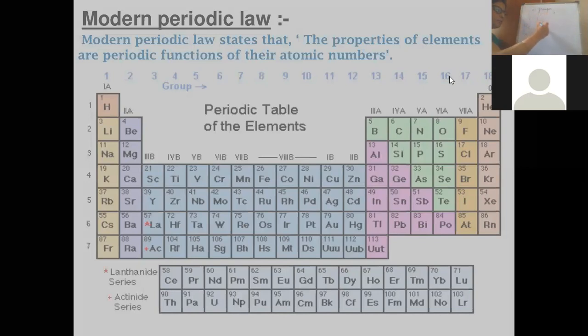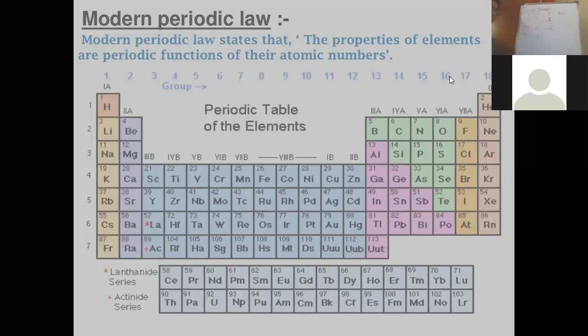Now, if I try to distribute them as per their shells, hydrogen has only one electron, and the capacity of the K shell is to hold 2 electrons. But hydrogen has only one electron, so only one electron will be there in the K shell.